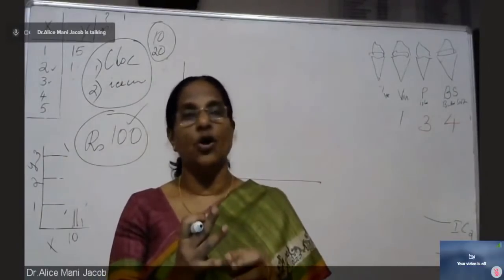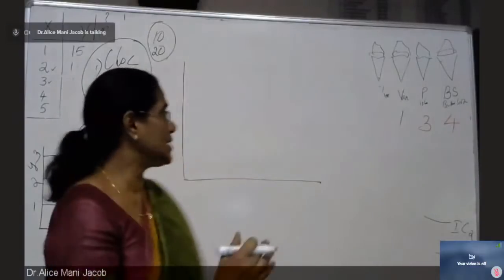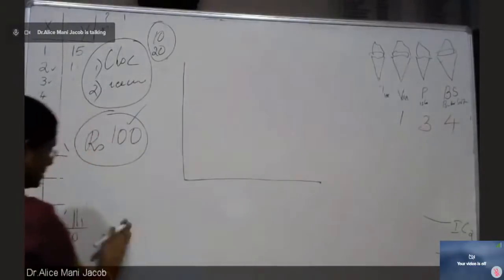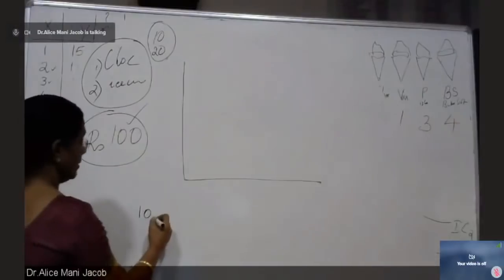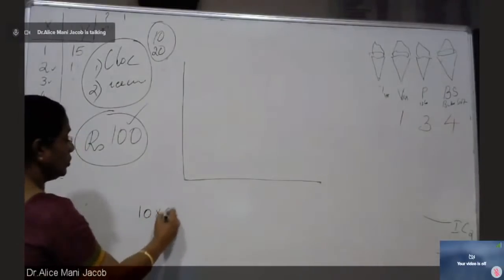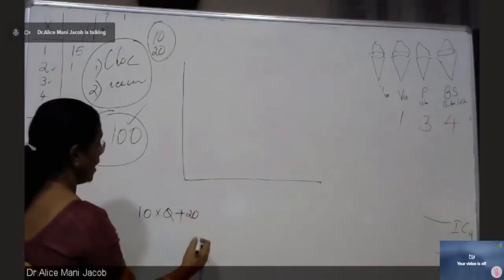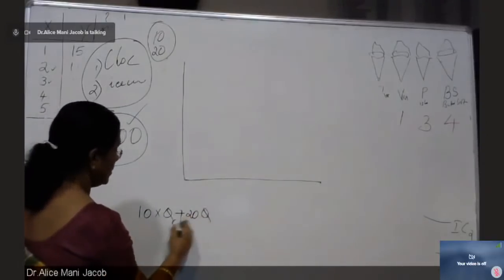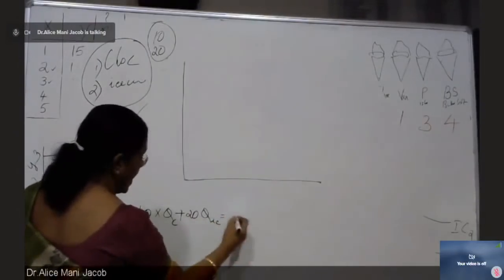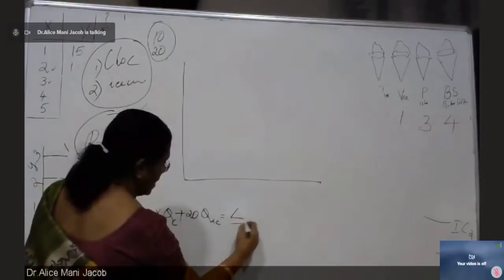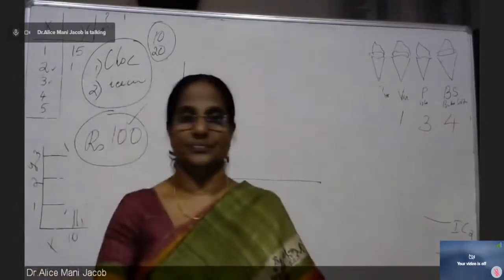Let us draw your budget. For example, your budget is 100 rupees. Your budget constraint is that the price of chocolate is 10, multiplied by the quantity of chocolate that you consume, plus the price of ice cream multiplied by the quantity of ice cream you consume. The maximum amount that you can spend is 100 rupees.